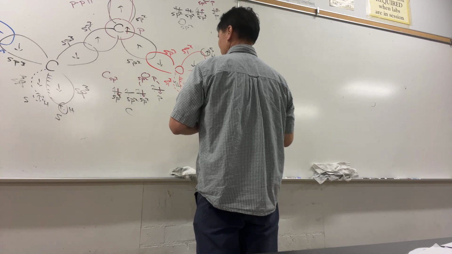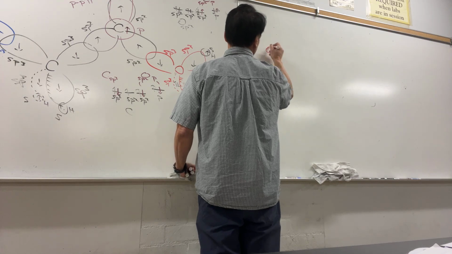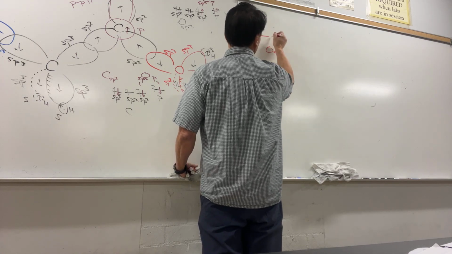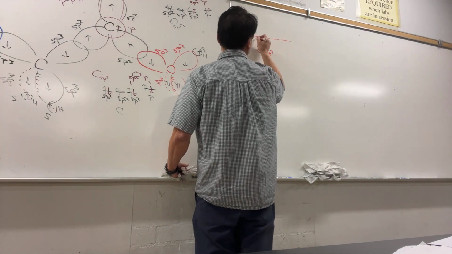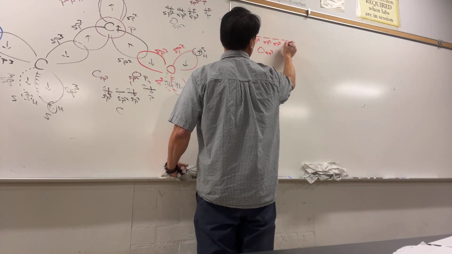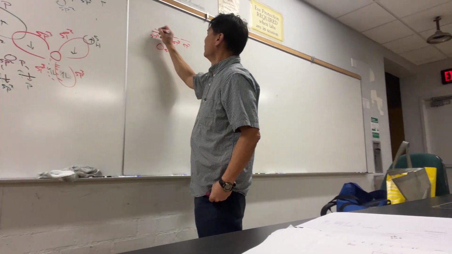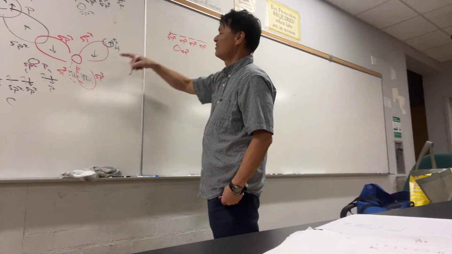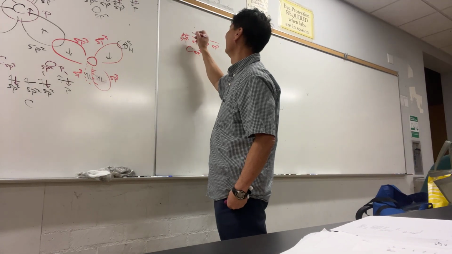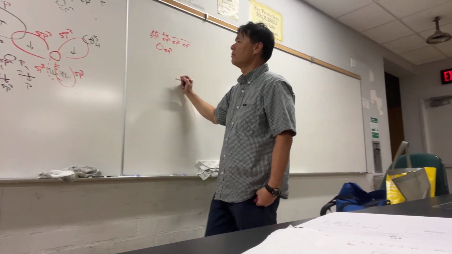Probably did it in a different color. So the sp3 oxygen, we have 4 sp3 orbitals. And let's fill those here. So this will be spin down. Actually, we'll have 2 of them with lone pairs. It doesn't matter which ones you make the lone pairs. We'll just make the first 2 the lone pairs.